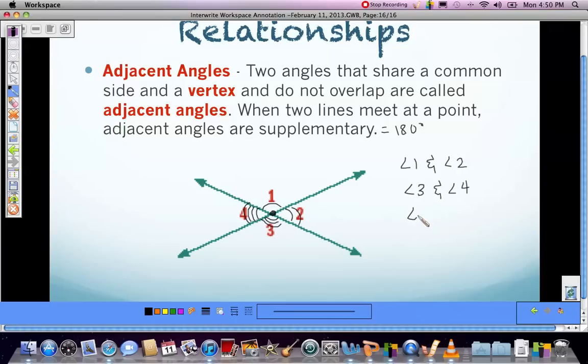You can see that angle 2 and angle 3 also form a straight line, making them adjacent and supplementary. And also angle 4 and angle 1 are adjacent. They're right here next to each other, and they also form a straight line, meaning that their sum is 180 degrees. So the most important thing you need to learn from this example is that adjacent angles are supplementary. They equal 180 degrees.